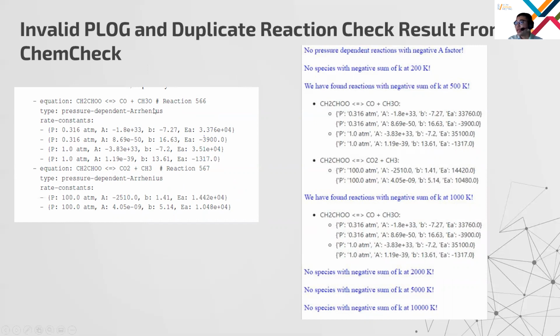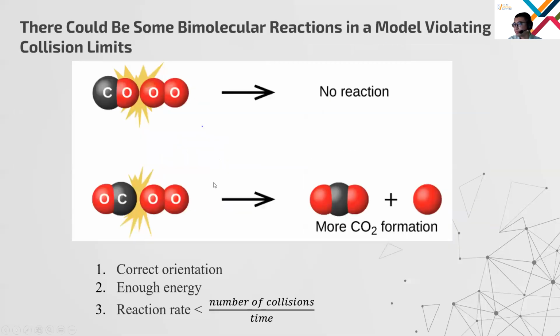It will generate a negative forward rate constant at these 2 reference pressure points, at 500K and 1100 K. And for the second reaction, at the reference pressure point 1080 M, it will generate a negative forward rate constant at 500K. Except for this check, Chemcheck can also help to detect collision violations.